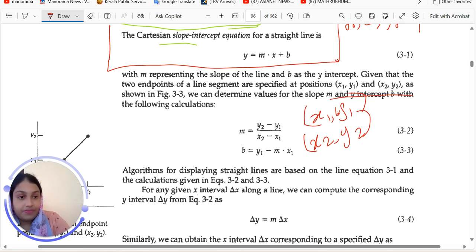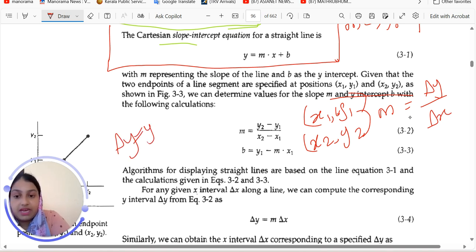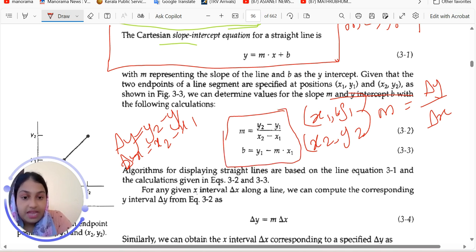So to find m, m is equal to delta y by delta x. What is delta y? Change in y. So delta y is y2 minus y1, and delta x is x2 minus x1. So m is equal to y2 minus y1 by x2 minus x1. And b is equal to y1 minus m x1. We are just rearranging this equation: b is there, y is over there, so y minus mx.